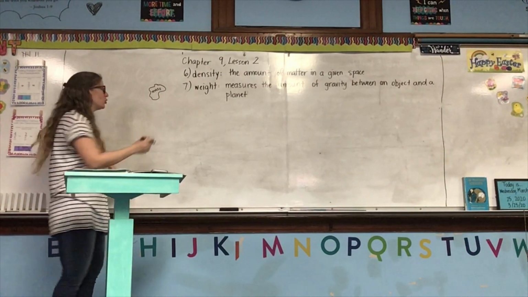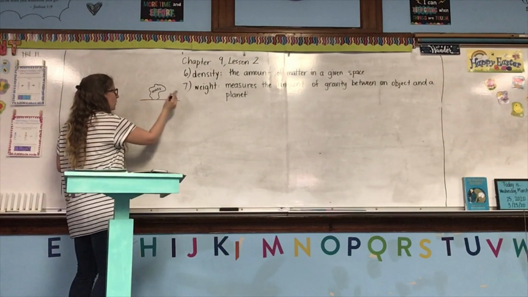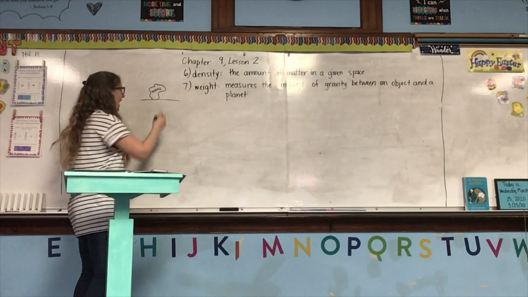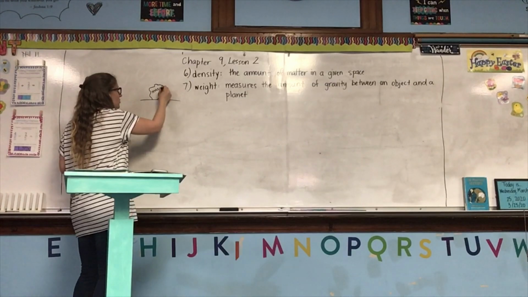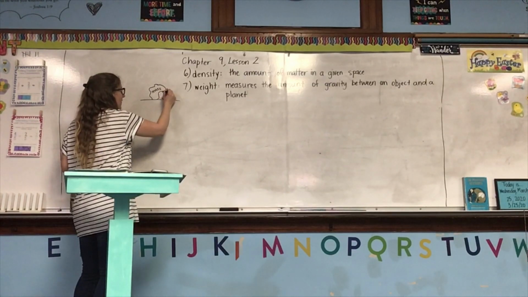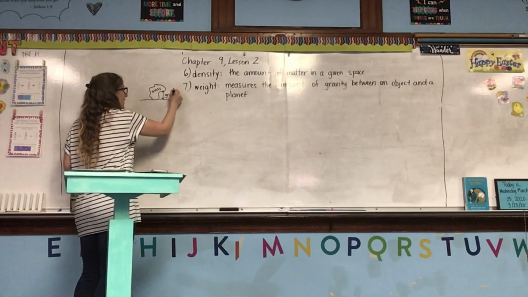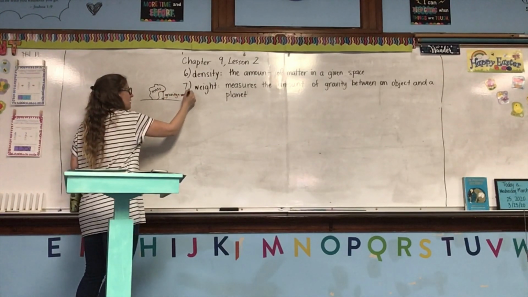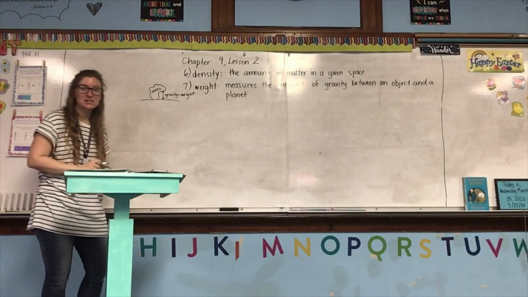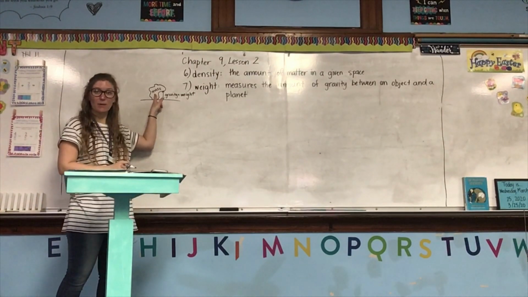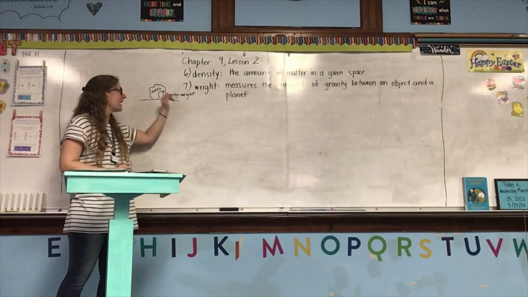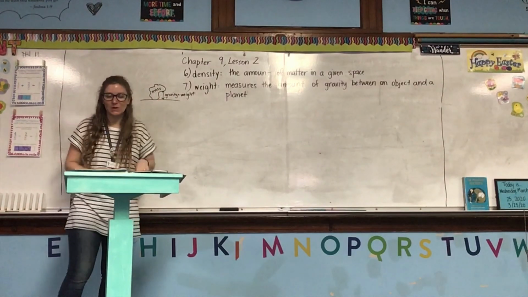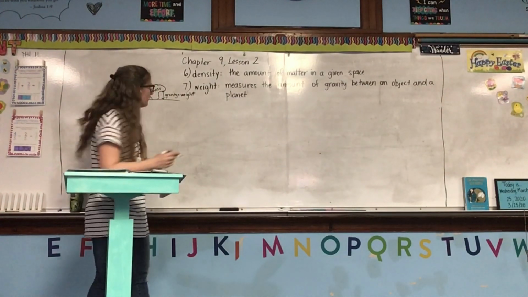If we wanted to say the weight, we would say how much gravity is between this object and the Earth. So that is the difference. Mass is the stuff inside the rock. Weight is how much gravity is pulling on that rock.